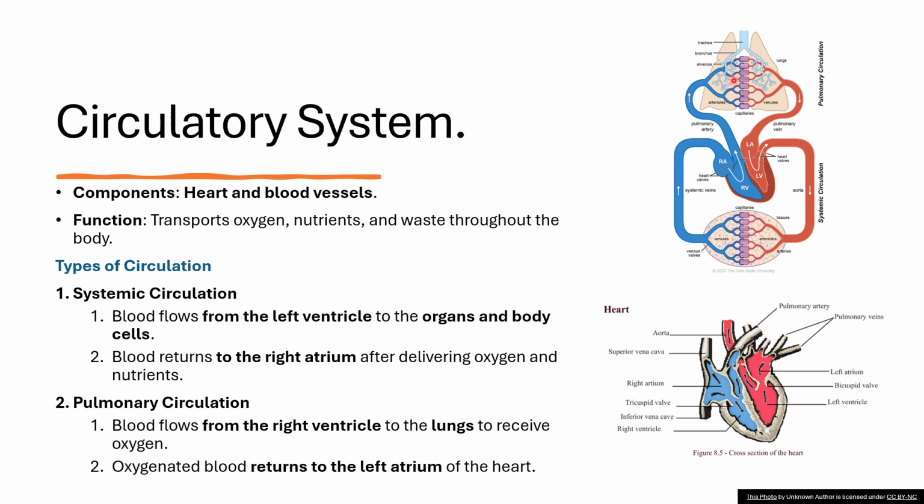Once it goes to the lungs, it receives oxygen from the air we breathe, and now the blood is oxygenated, and this oxygenated blood returns to the left atrium of the heart. So to simply put, this is the systemic circulation and the pulmonary circulation.